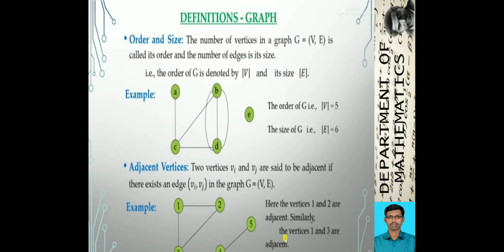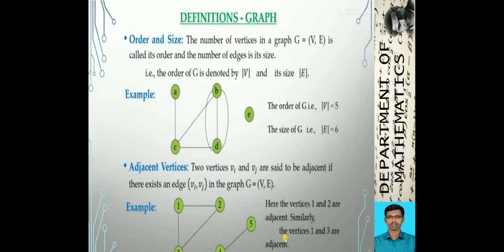We have to check the vertices. How many vertices here? A, B, C, D and E. Total 5 vertices. So the order of G is 5.